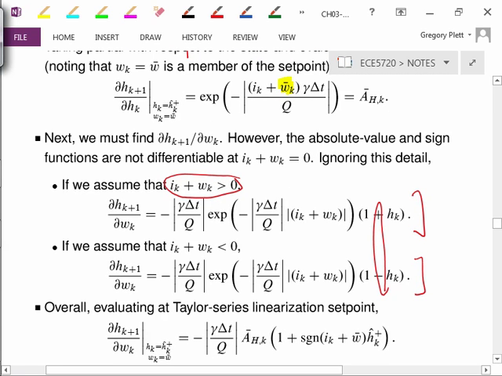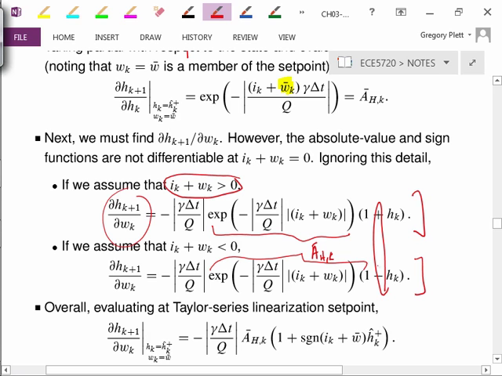So what we're going to do overall is combine these equations, and notice that this here is what we called A bar. If I substitute W bar in this derivative, I would get A bar_{h,k}, and same with that.